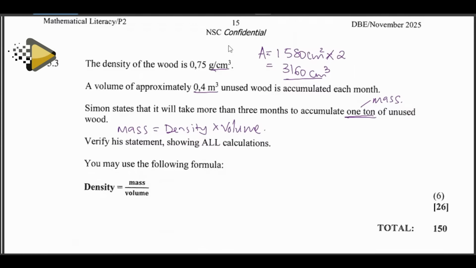Okay, now we are continuing. We are proving, or we are looking for the ton, mass. They are telling us the volume of approximately 0.4 meters cubed of unused wood is accumulated each month.